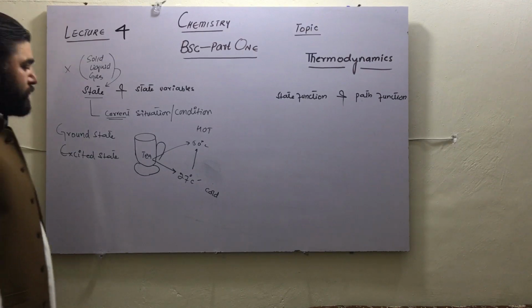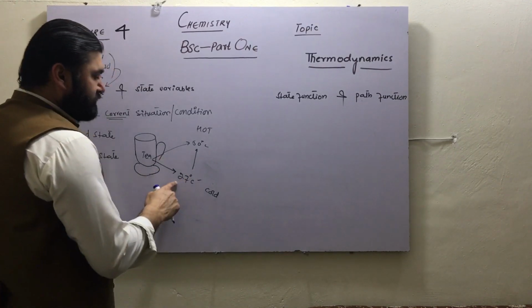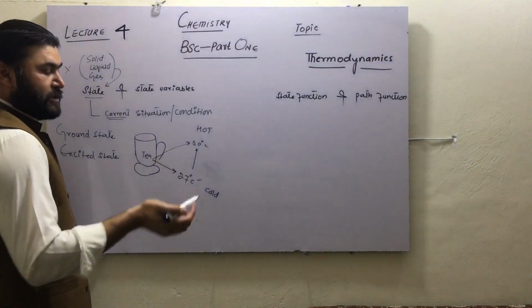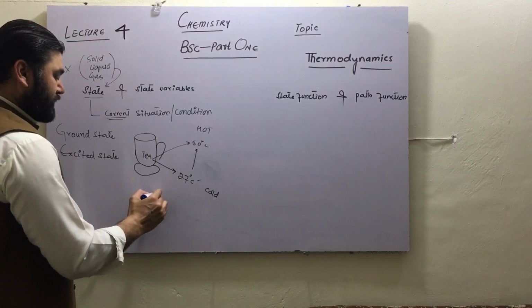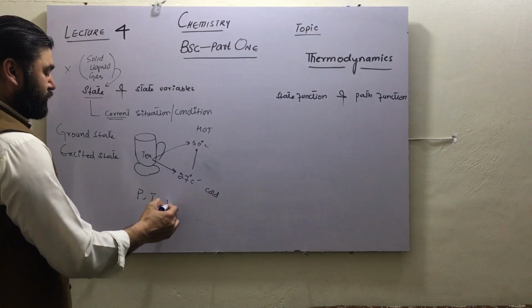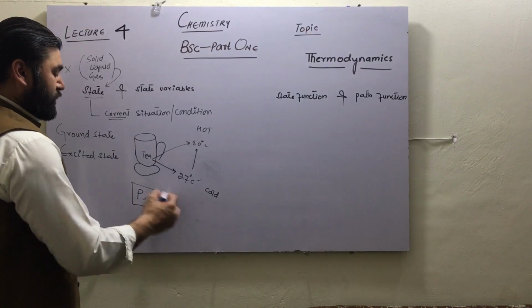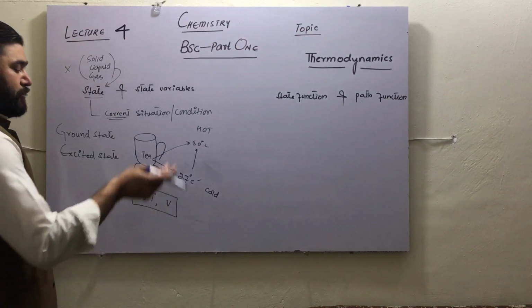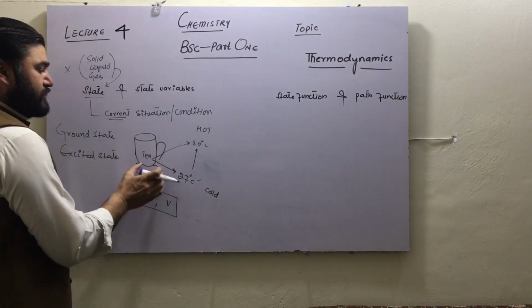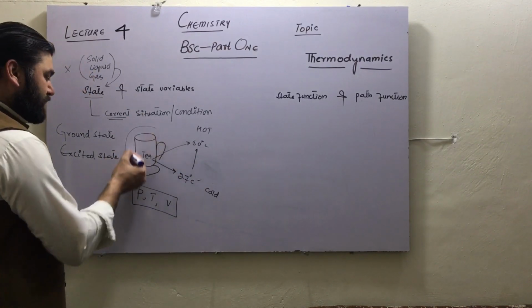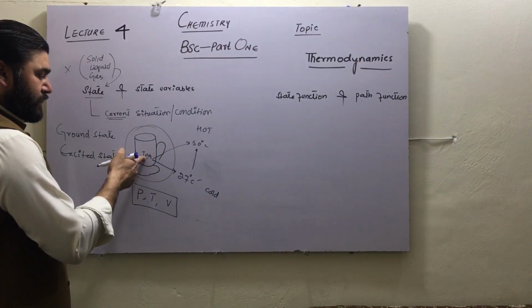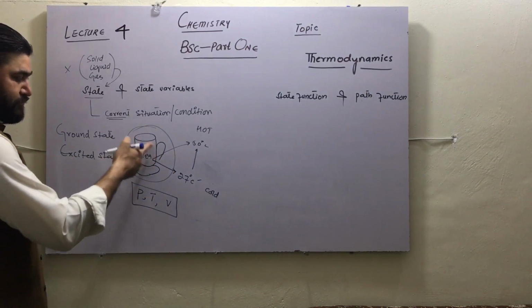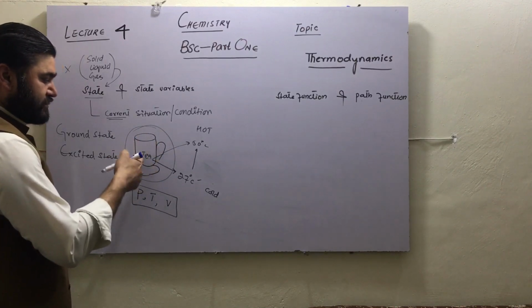Now, if you want to change this temperature from 27 to 50, we have to bring some changes, for example increase the pressure, or increase or decrease the temperature or volume. Due to these things we can bring changes in the current situation of the system. Anything which is under observation, under investigation, is called a system.